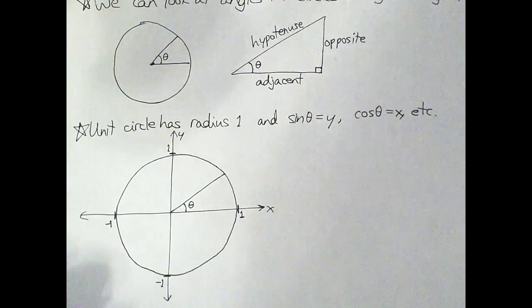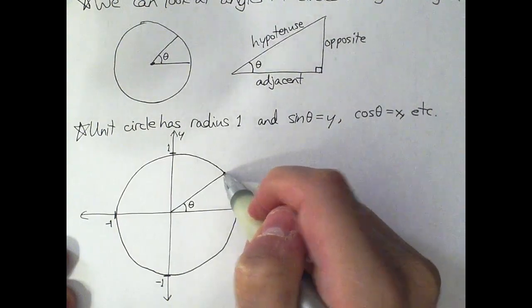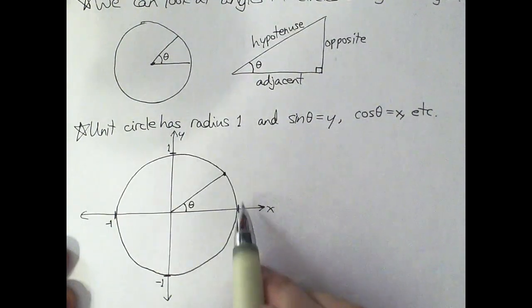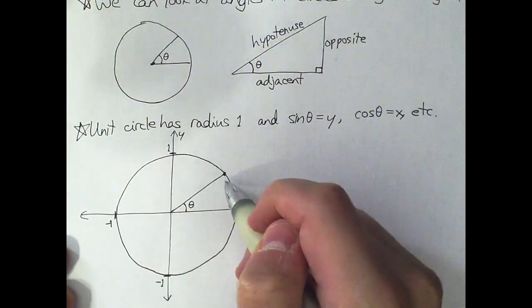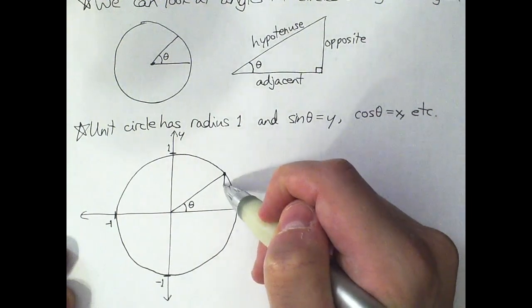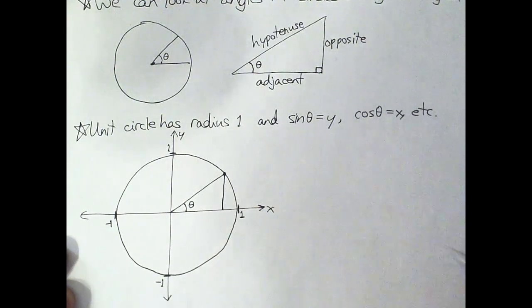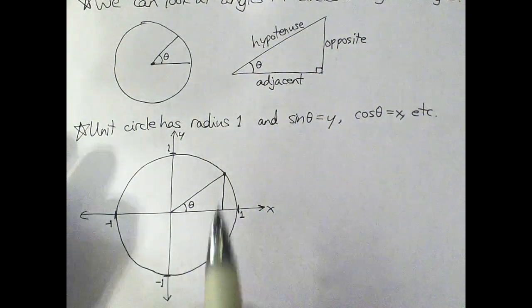I'm going to label some things. First of all, this point here, which we typically would call the terminal point determined by t, if I take this point and draw a line segment straight down to the x-axis and stop when I get to the x-axis, do you notice that we've made a right triangle now?